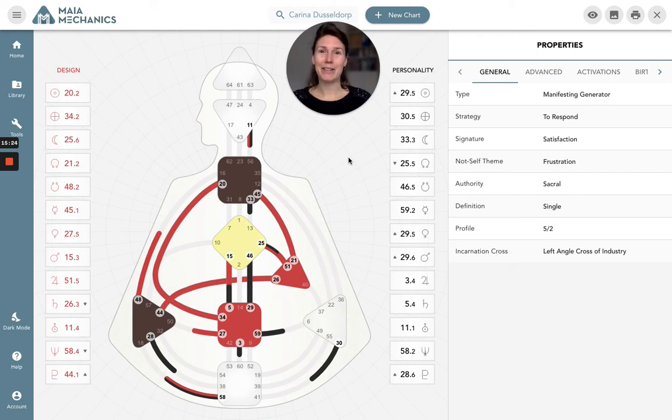It's not about wrong or right. There's no judgment here in design. It is what it is. This is just how you are uniquely wired, and that is perfect as it is for you. There's no better or worse. So that's something to really grasp before you understand about the centers.